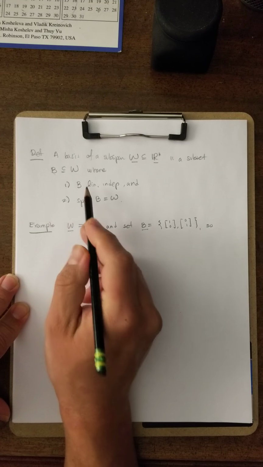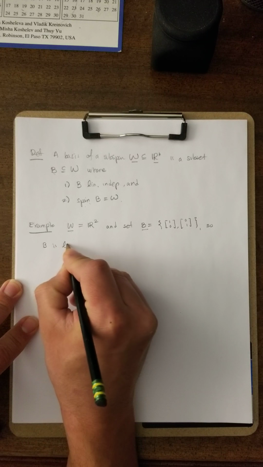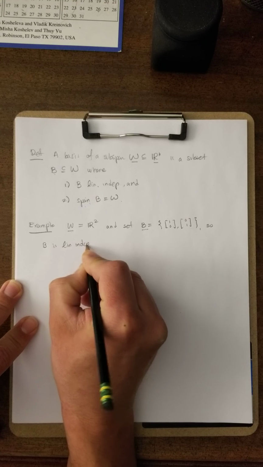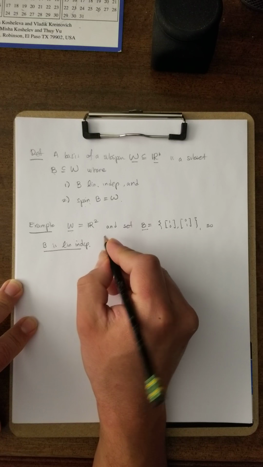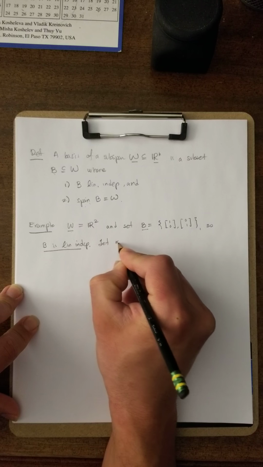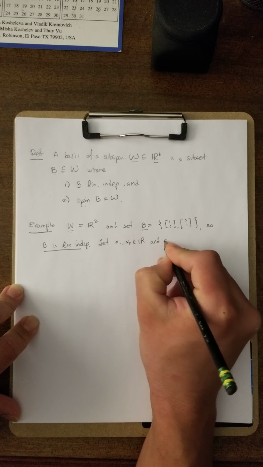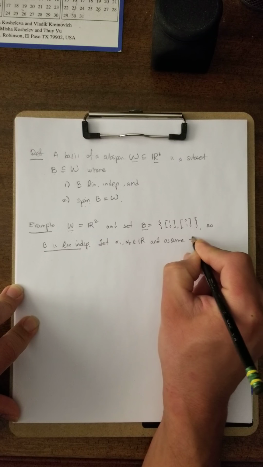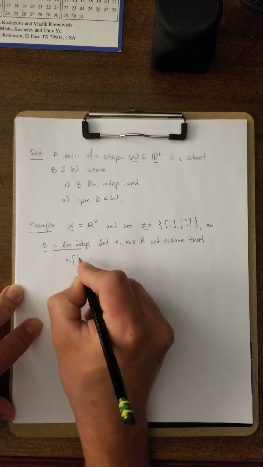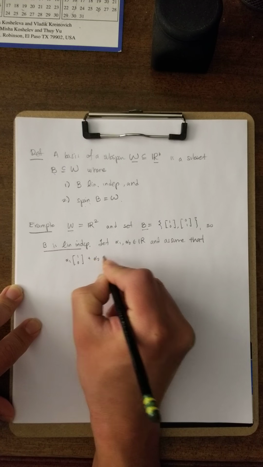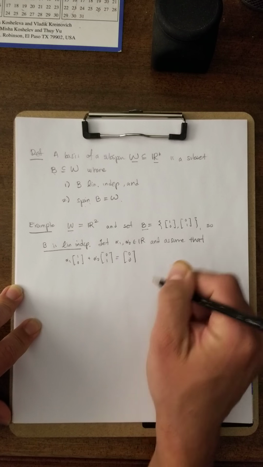Well, let's check these ones. First, B is linearly independent. How do we do that? Simple. Let alpha 1 and alpha 2 be real numbers and assume that alpha 1 times (1, 0) plus alpha 2 times (0, 1) is equal to the vector (0, 0).